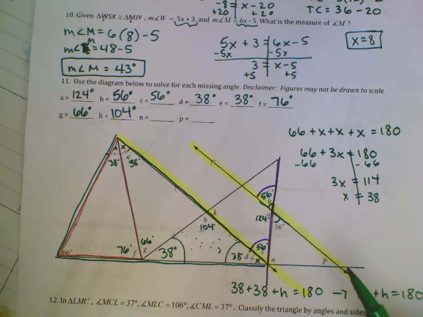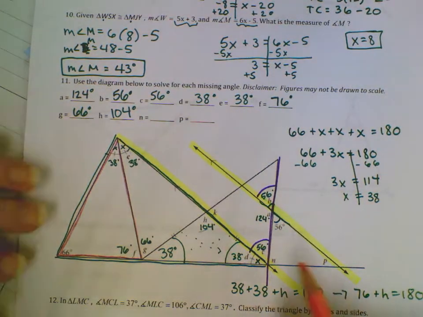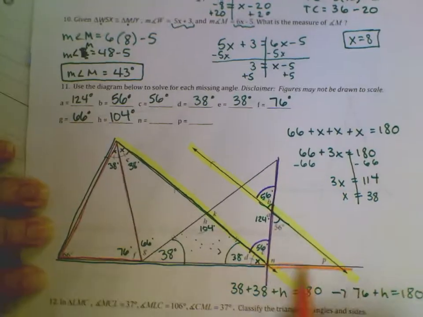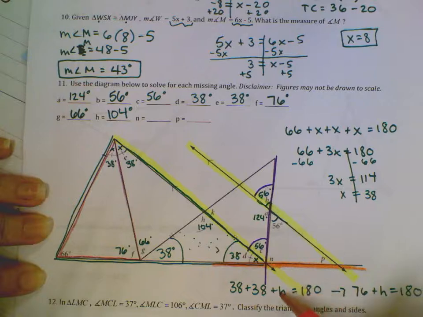Now we need to find angle P and angle N. So back to my highlighted parallel lines. This line right here, let me use a different color. This line right here also acts as a transversal that goes through these parallel lines.